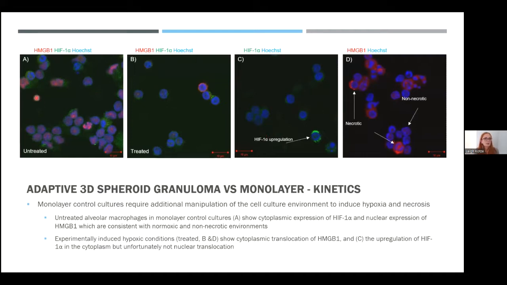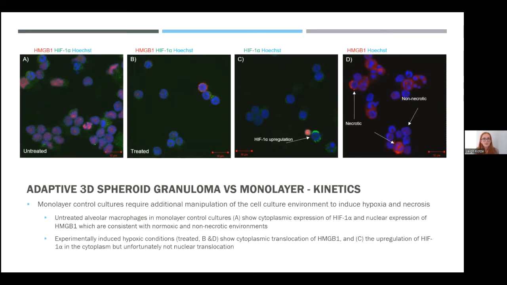As we can see here, we saw no upregulation of HMGB1 in untreated culture conditions, but upon the induction of the anaerobic environment, we began to see the cytoplasmic translocation of HMGB1.